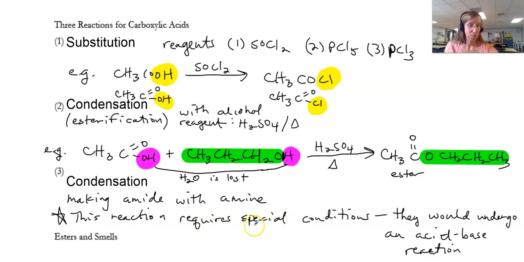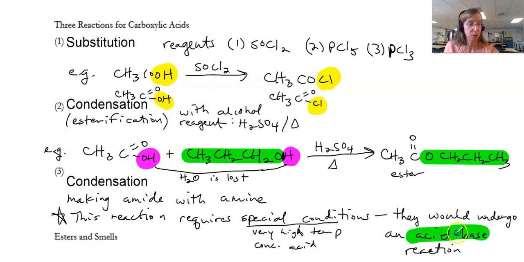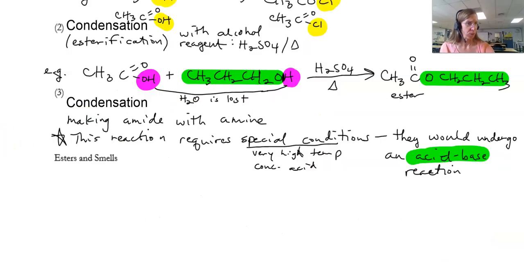Without special conditions, very high temperature and very concentrated acid, the condensation reaction does not happen. Just a simple, normal acid-base reaction would happen if we did it just like in the lab in school. So it's good to know that.